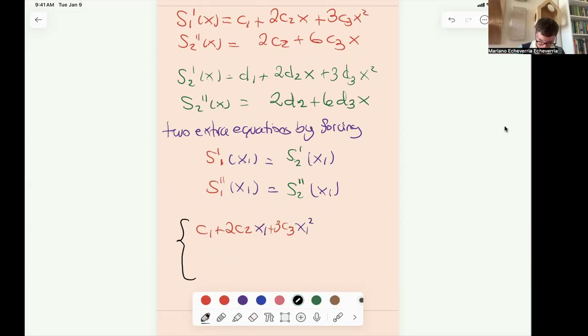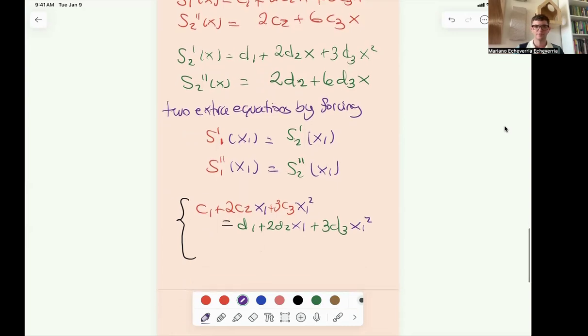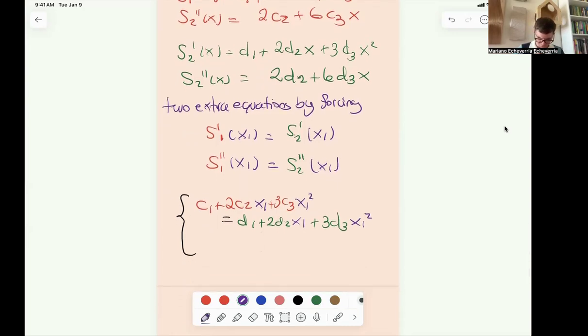That would be d1 plus 2d2 x1 plus 3d3 x1 squared. So that is the equation that you get from the first derivative and the equation that you get from the second derivatives. So that's the first equation.